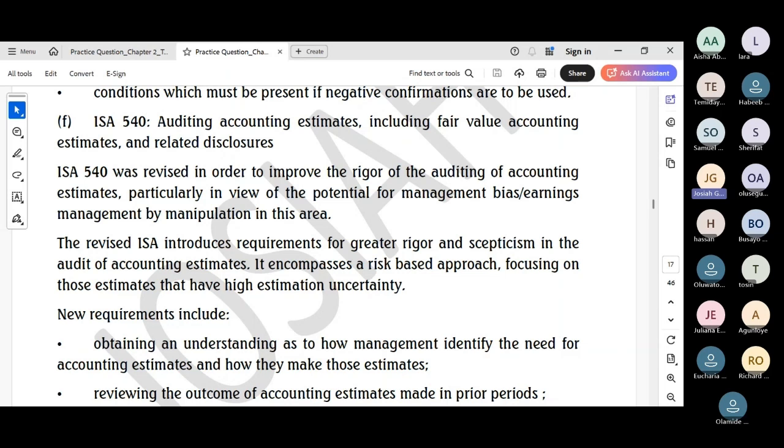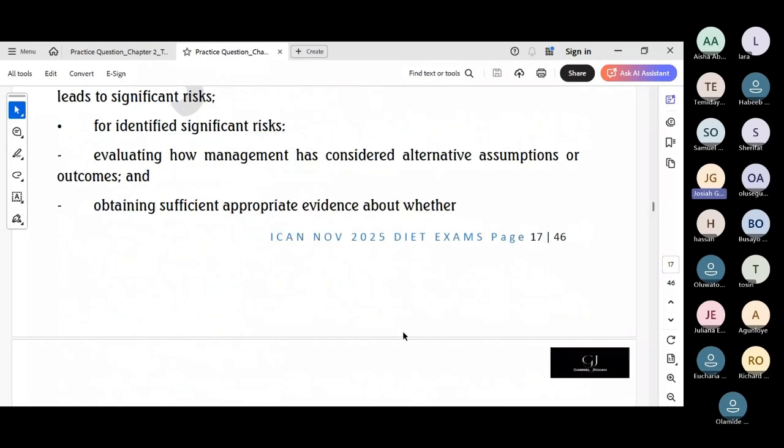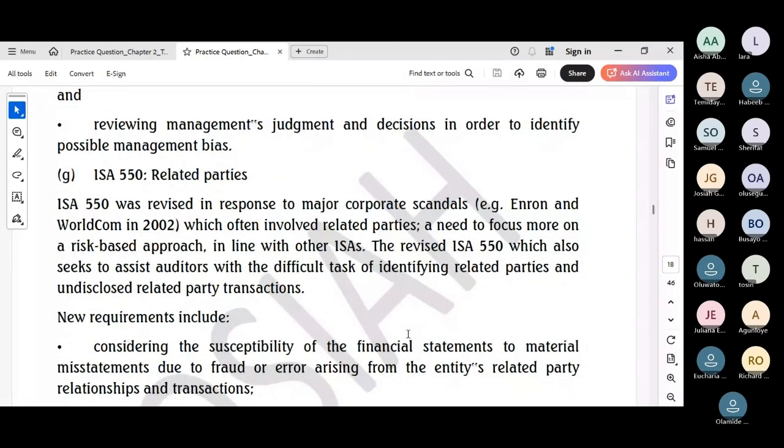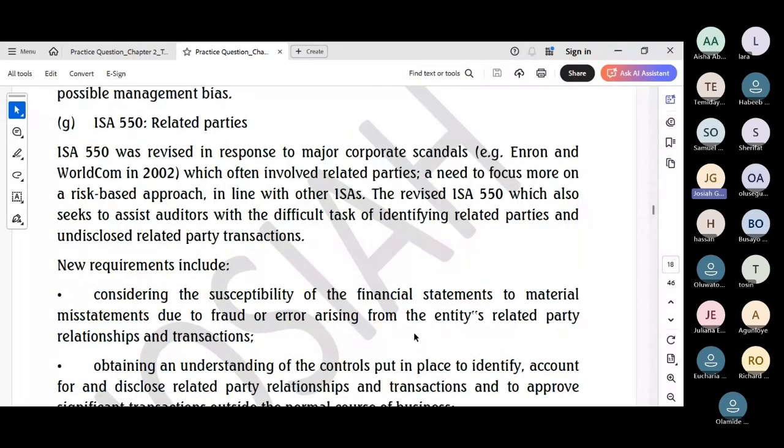You're welcome. Okay. So the last standard I was speaking to was ISA 550, related parties. Related parties is a quite tricky standard that has actually caused a lot of crashes. So the new requirements have considered susceptibility of financial statements to fraud and error. And most fraud comes from the top.